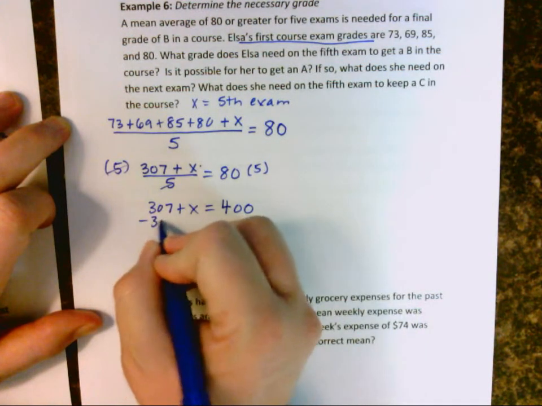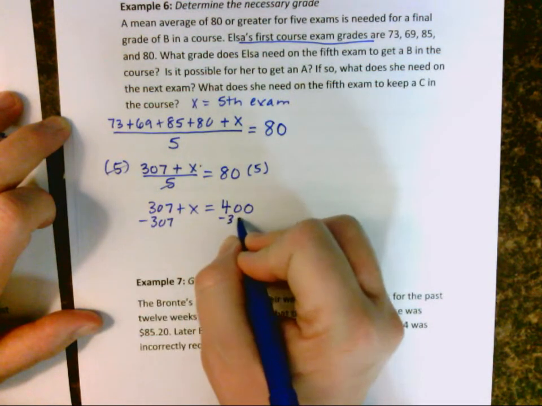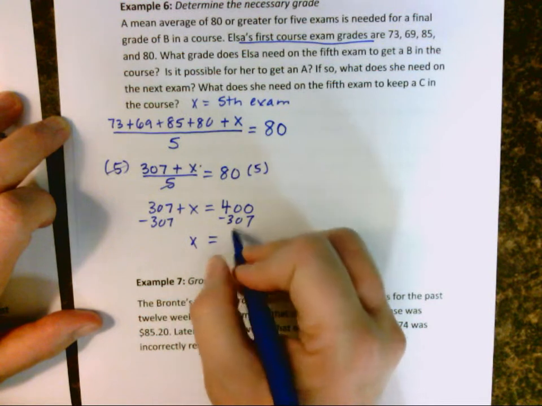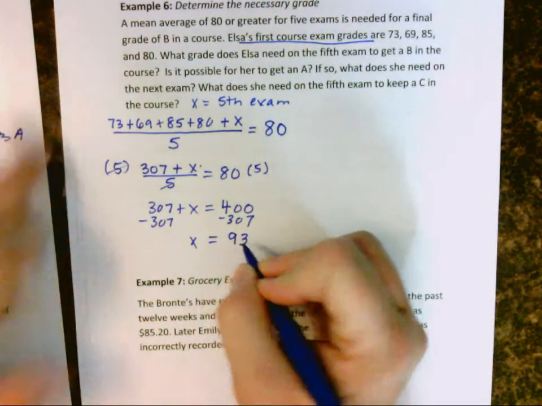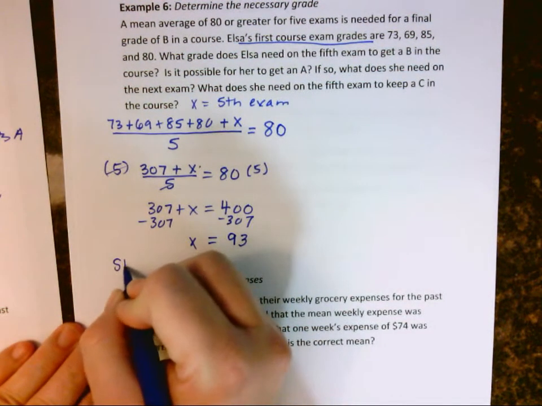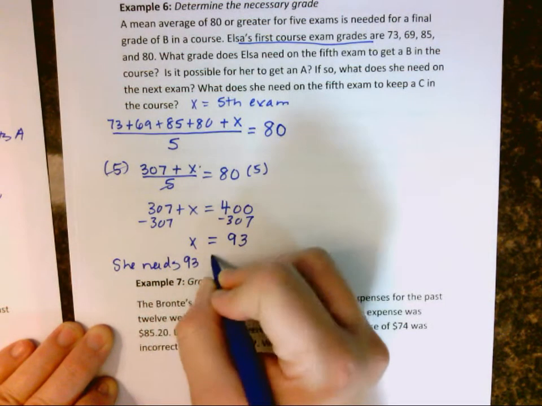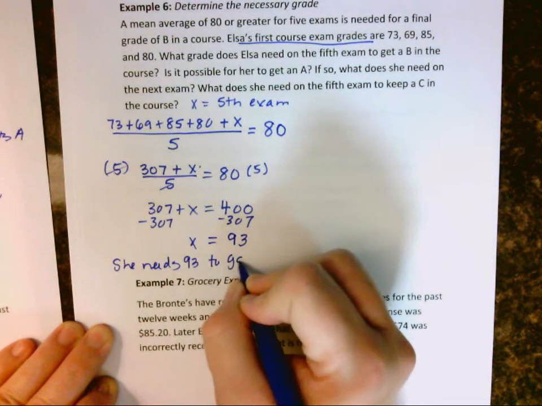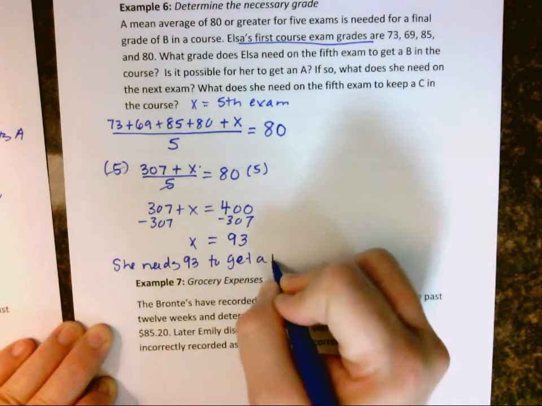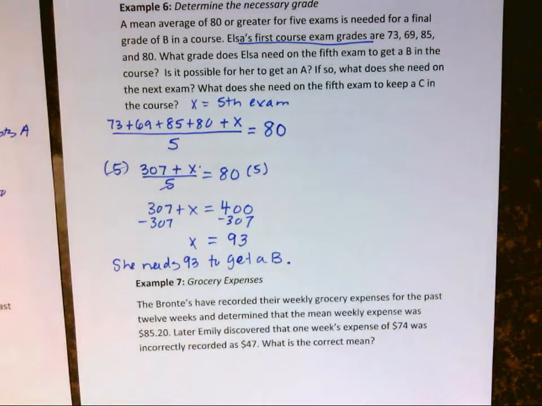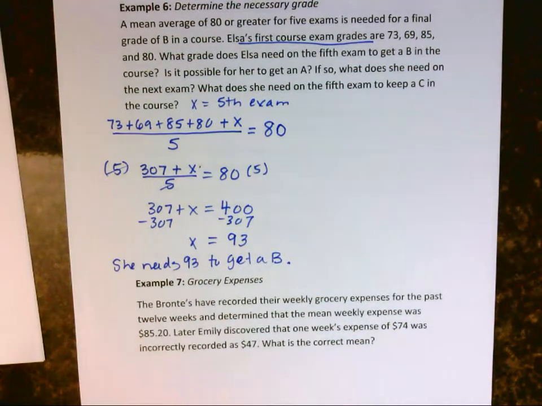Now I'll subtract 307 off, and it is possible if she makes a 93, so she needs 93 to get a B.